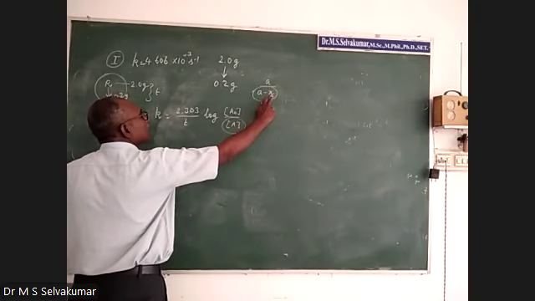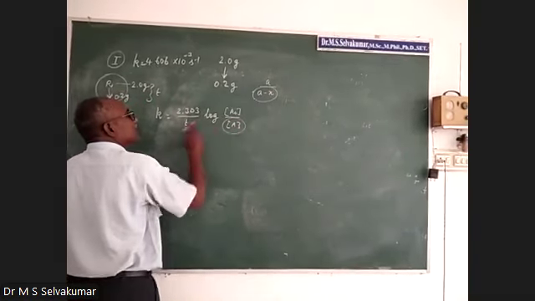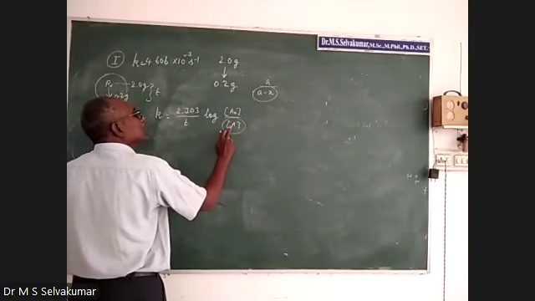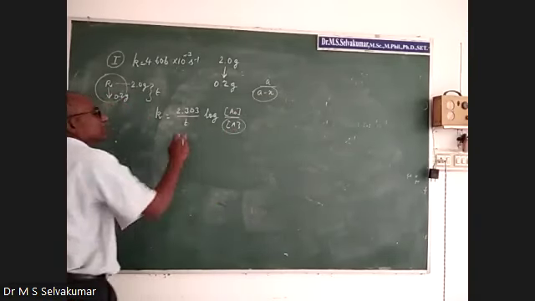X is the quantity of the reactant reacted in time T. Therefore, A minus X is the substance remaining after time T.